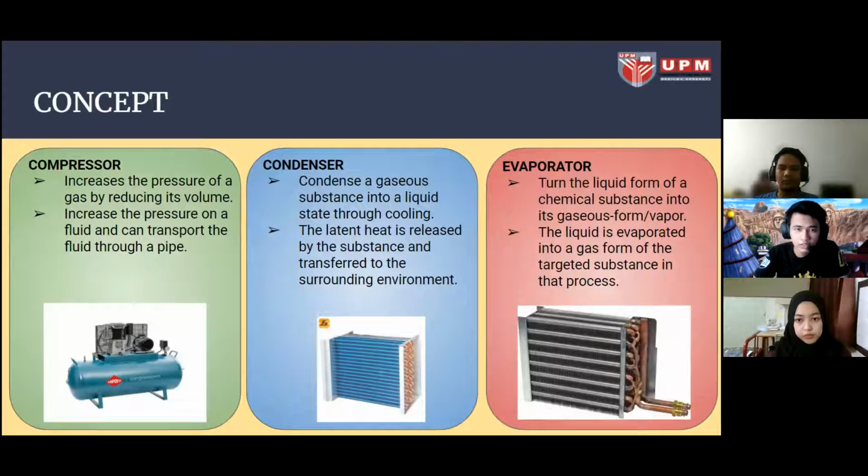How it works is that latent heat is released by the substance and transferred to the surrounding environment. The evaporator can turn the liquid form of a chemical substance into gaseous vapor. How it works is that the liquid is evaporated into a gas of the targeted substance in that process.